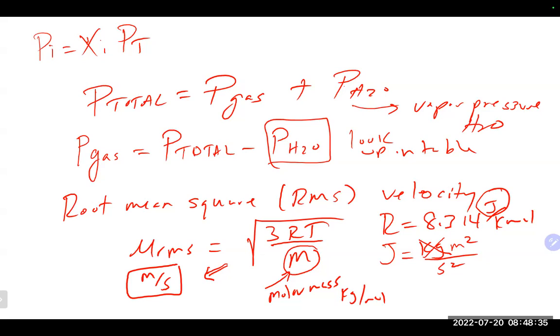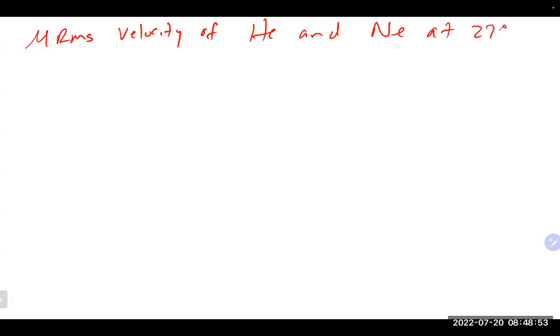So why don't we try one here since we kind of stopped on that. Let's calculate the root mean square velocity of helium, and we'll do neon, at say 27 degrees Celsius.